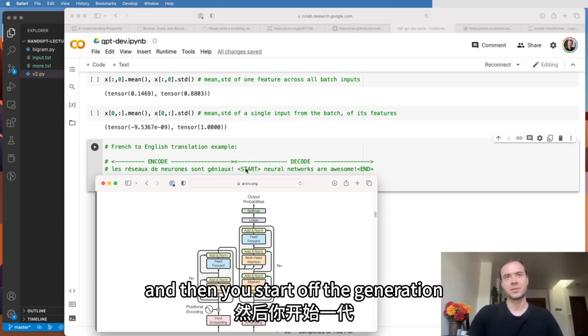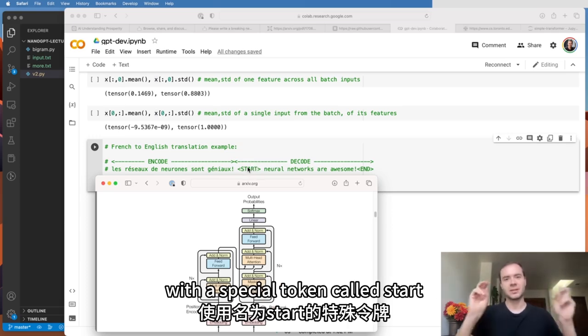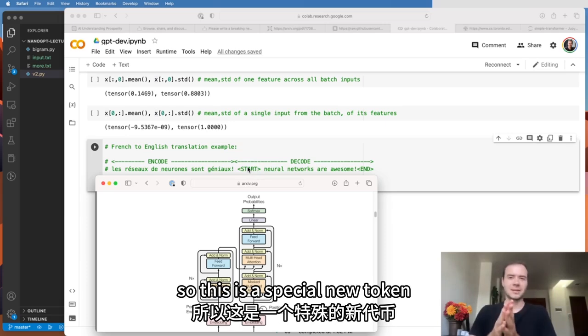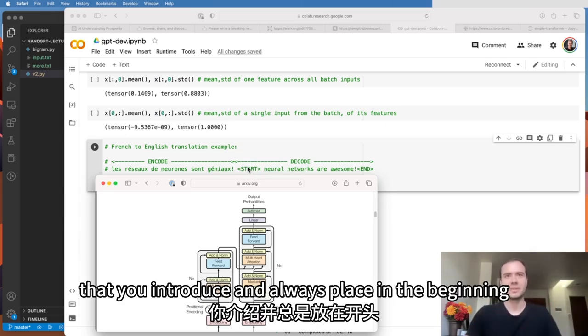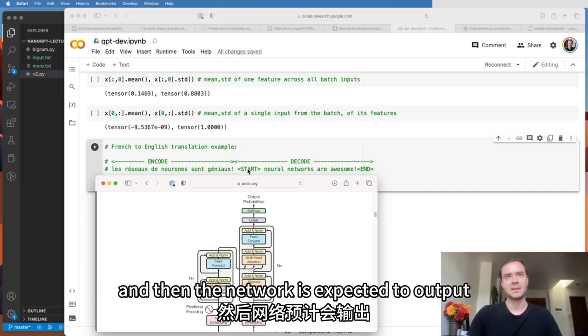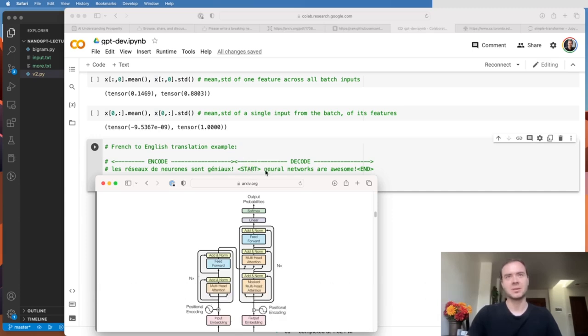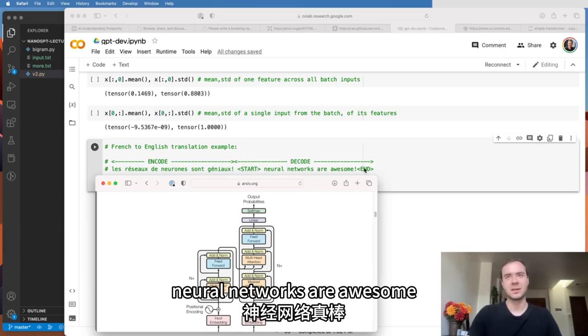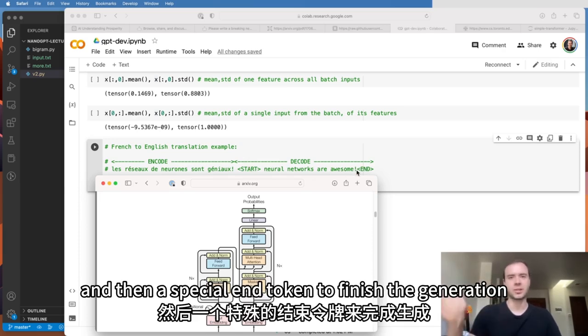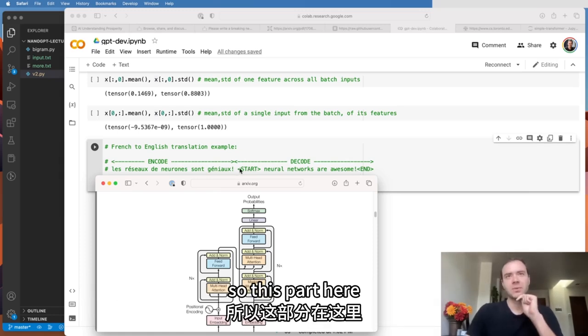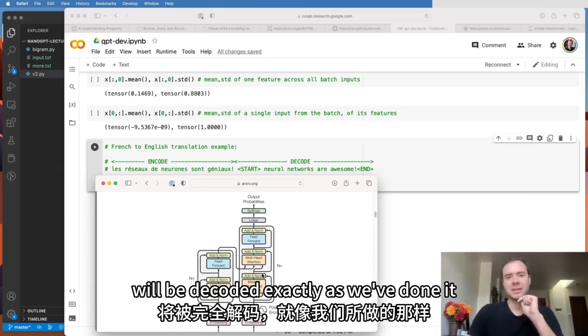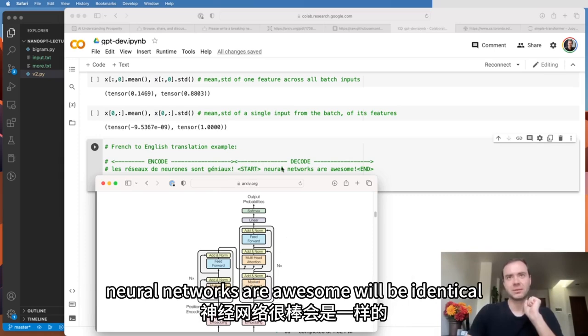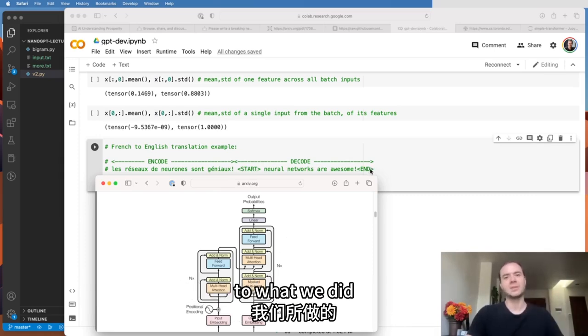Then you start off the generation with a special token called start, a new token that you always place in the beginning. And then the network is expected to output "neural networks are awesome," and then a special end token to finish the generation. This part will be decoded exactly as we've done it; "neural networks are awesome" will be identical to what we did.